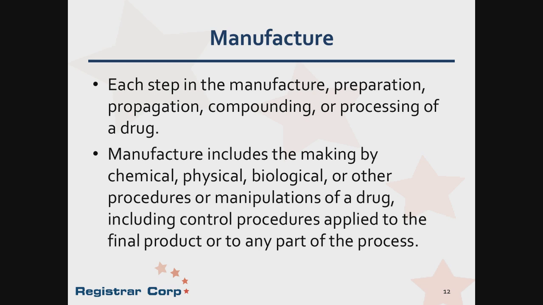Owning the rights to a formulation to make the drug product does not make a company a manufacturer. There are different types of manufacturers, such as active pharmaceutical ingredient manufacturer and medicated animal feed manufacturer. The FDA will differentiate in an establishment registration and product listing, which we will be discussing shortly.